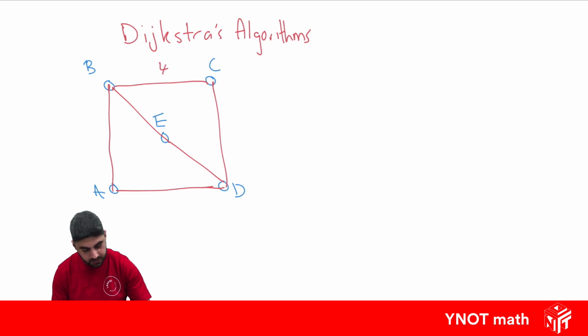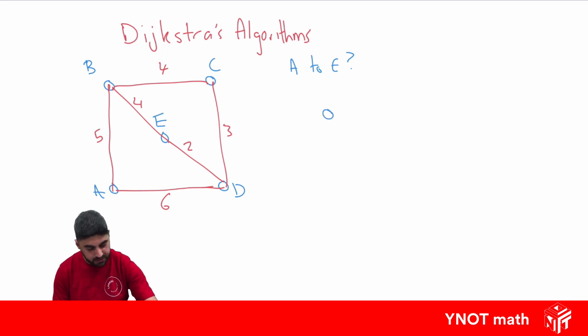Let's add some weightings. So 4, 4, 2, 3, 6, and 5. And we want to know what's the shortest path from A to E. And we're going to use this algorithm to help us do that.